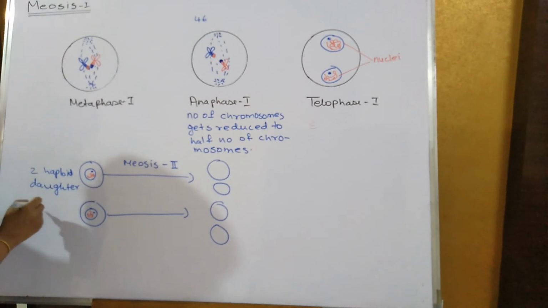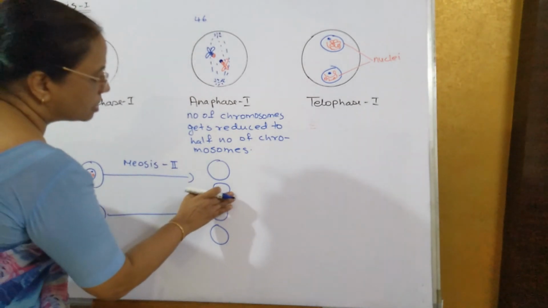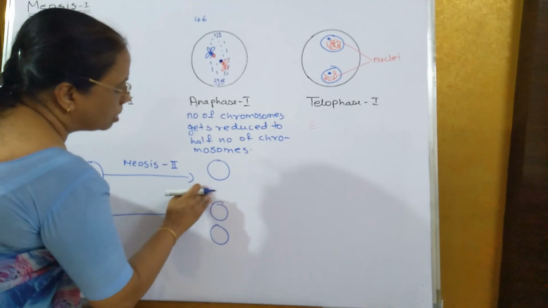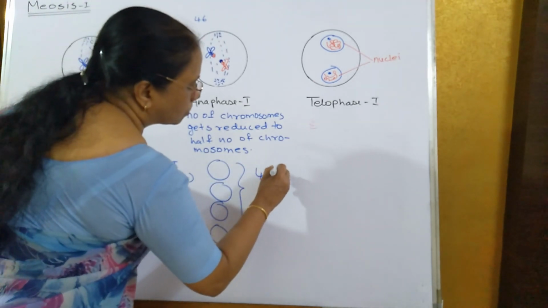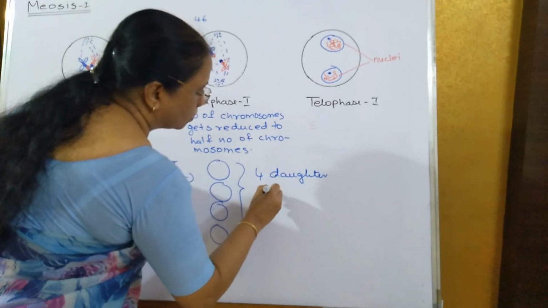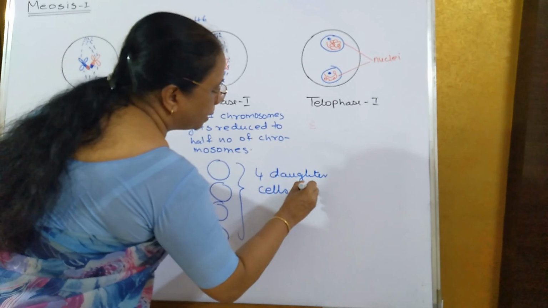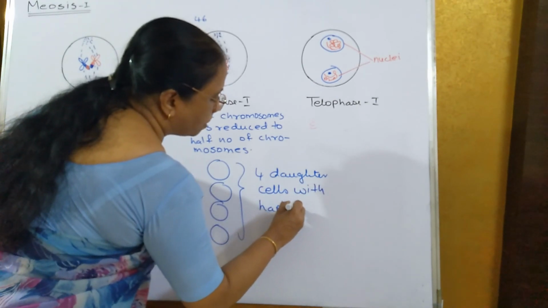undergo meiosis-II, which is similar to mitosis, and result in four daughter cells with haploid chromosomes. What is the meaning of haploid?